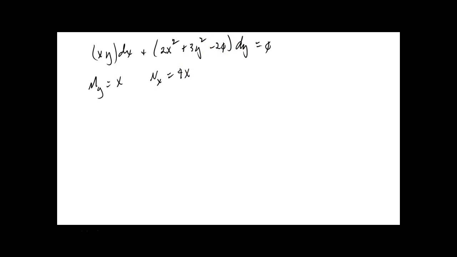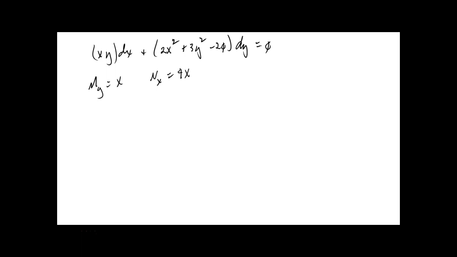Now, obviously, those are not the same. The question is, what do we do with it? If we were to take the partial of M with respect to y minus the partial of N with respect to x, that's your first case, divided by N, are we going to lose our y's?